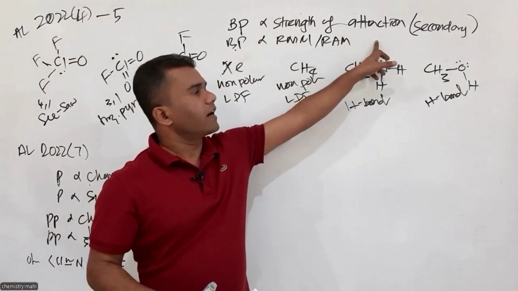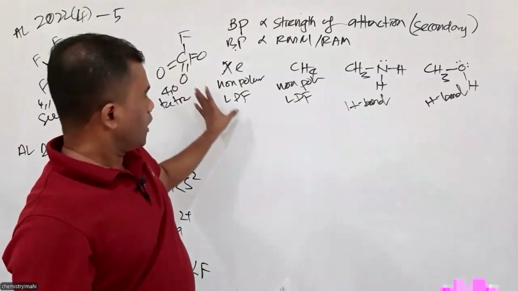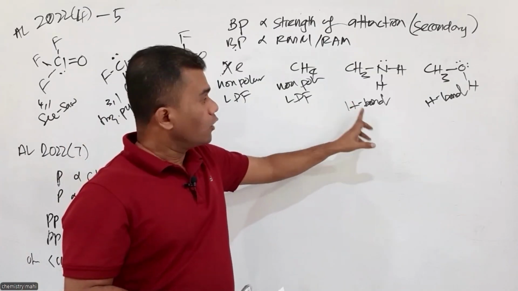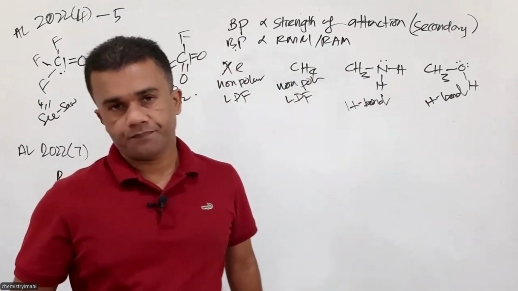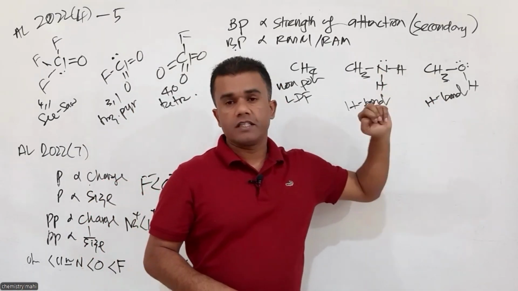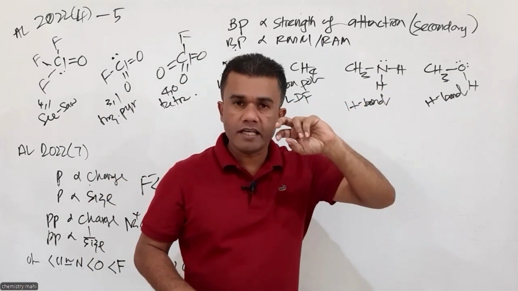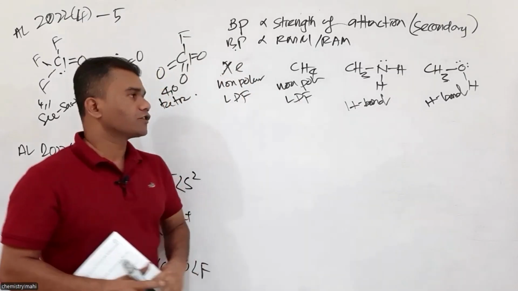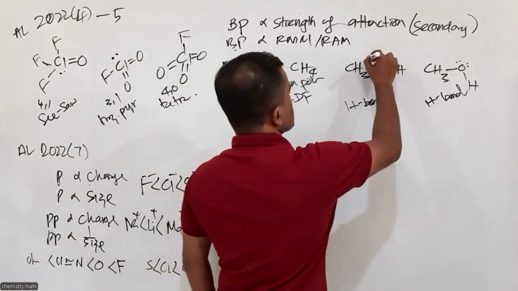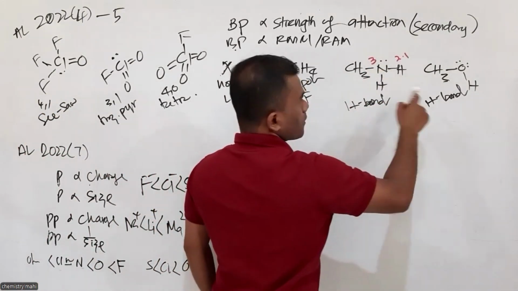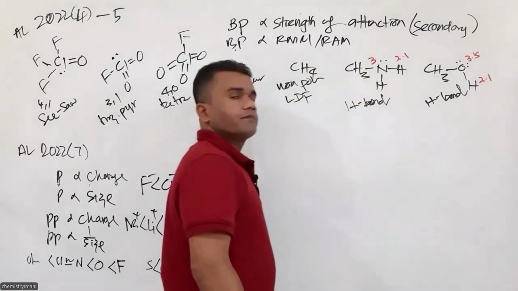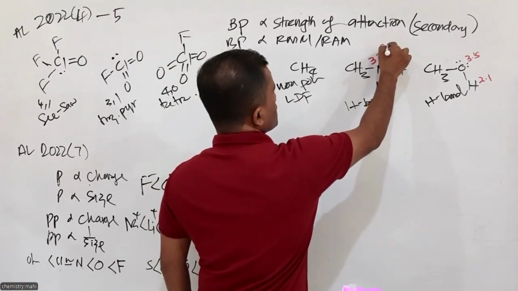Then the strength of attraction is directly proportional to boiling point. Out of London dispersion force and hydrogen bond, we know hydrogen bond is stronger. Out of these two hydrogen bonds, which one is stronger? Consider the electronegativity difference. For nitrogen and hydrogen, it is 3 and 2.1, so the difference is just 0.9.